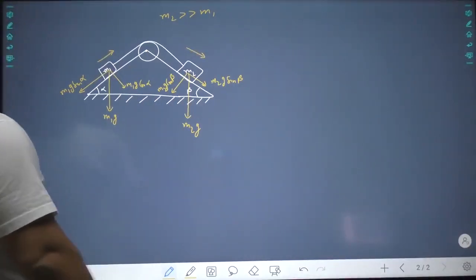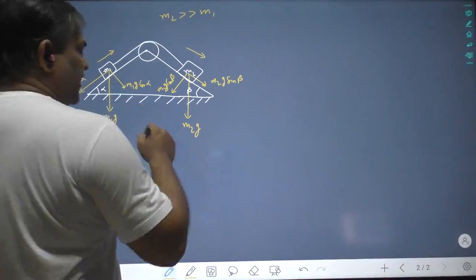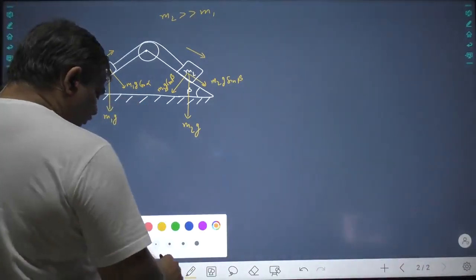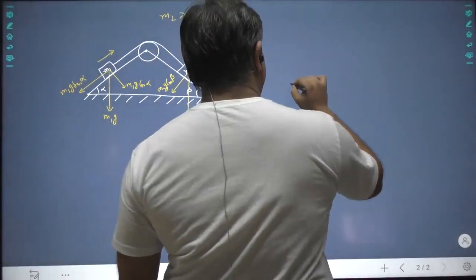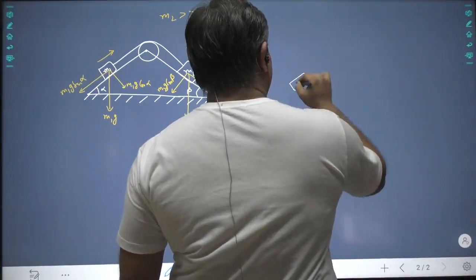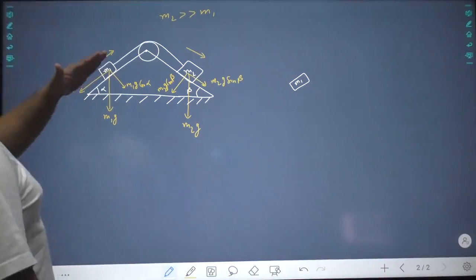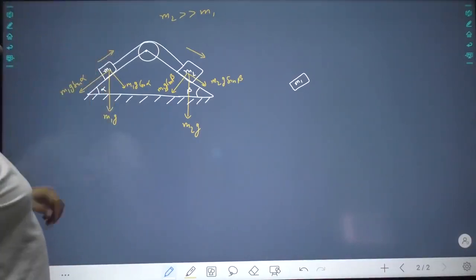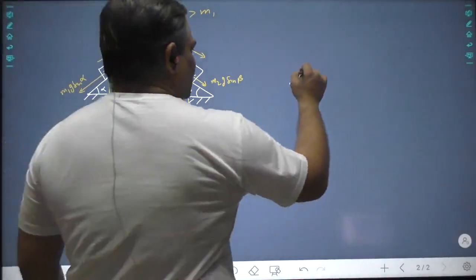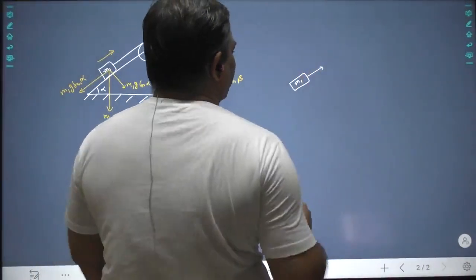Let us write down the equation of motion. For M1 if you draw, this is M1. See, you have to break down every force, one along the string, one along the motion, perpendicular to the motion. Definitely every contact has a force.